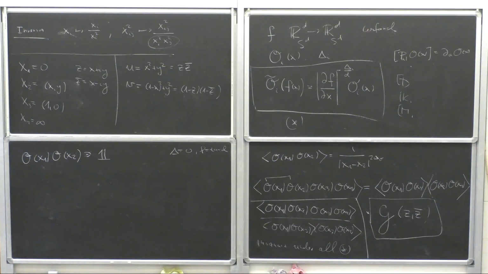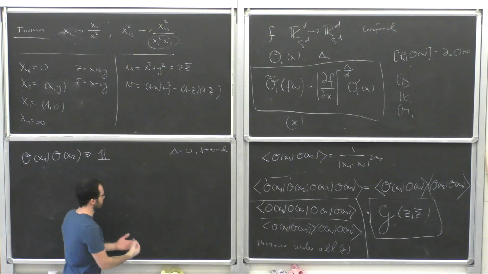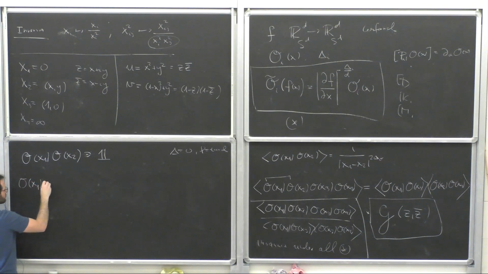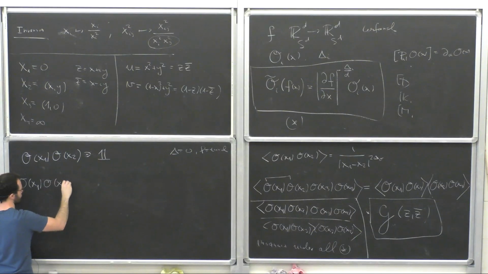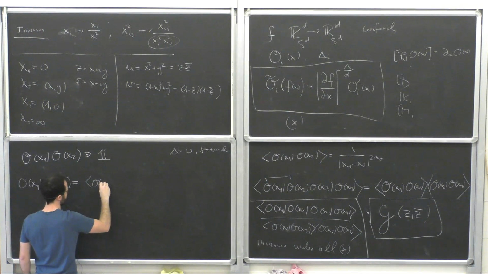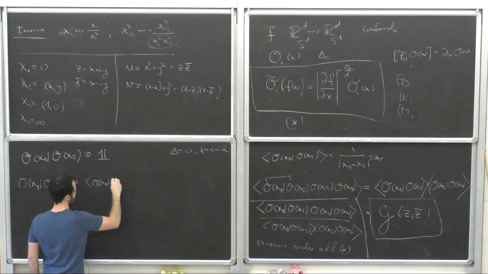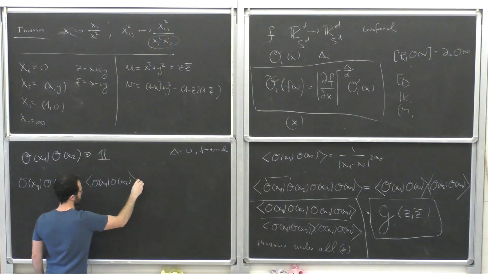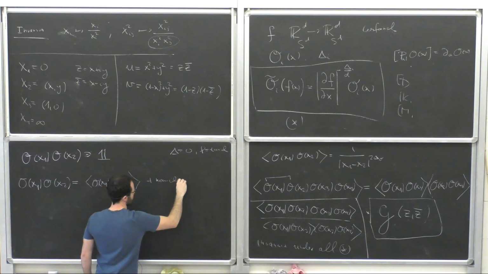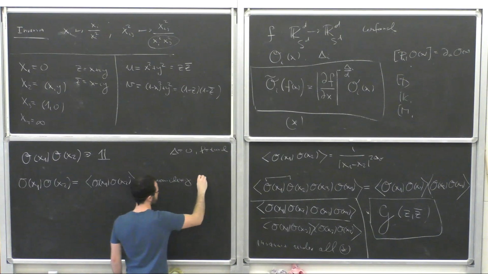The appearance of the identity operator is just the statement that the two operators have a non-zero two-point function. So the contribution of the identity is just a number, the two-point function of O(x1), O(x2), plus non-identity primaries, or non-trivial primaries.